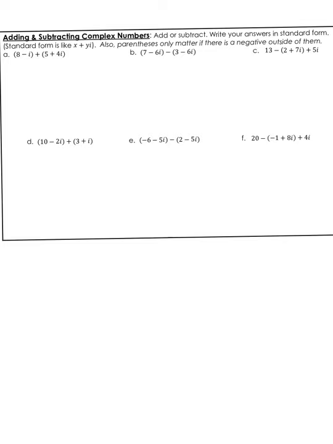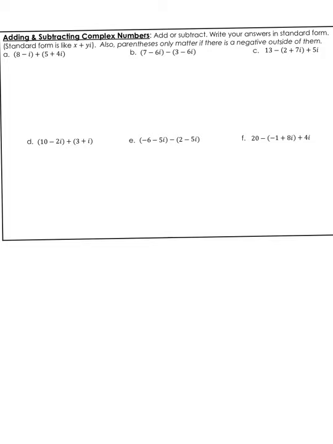A complex number is a number with an i by it. So if you're adding and subtracting them, you add the i terms together and the non-i terms together separately, but you keep them separate. I cannot simplify 8 minus i and say that's like 7i. It just stays separate, okay?